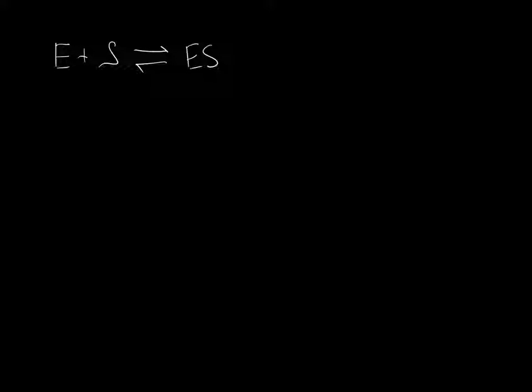But now what we're going to say is that the chemistry step, like the formation of product, is so fast. It is so fast that you don't ever really see EP. And there are a few enzymes that do this. You automatically get product.